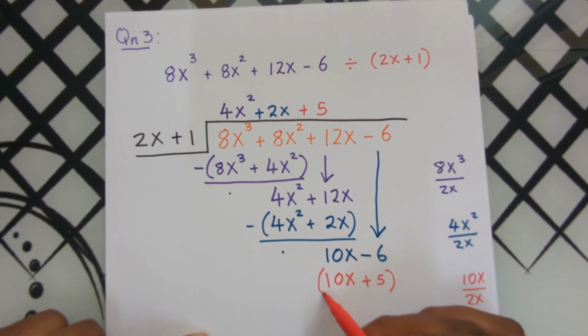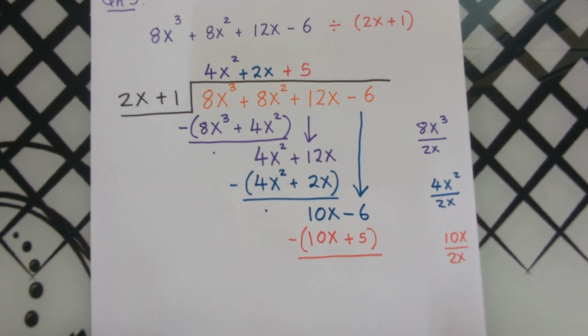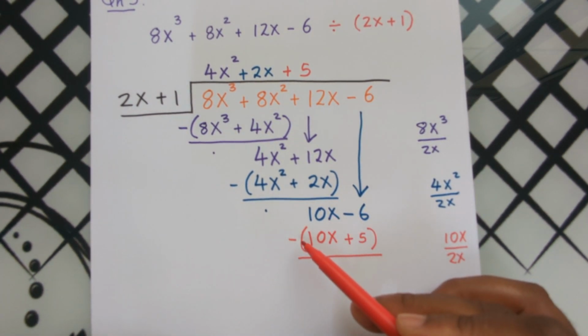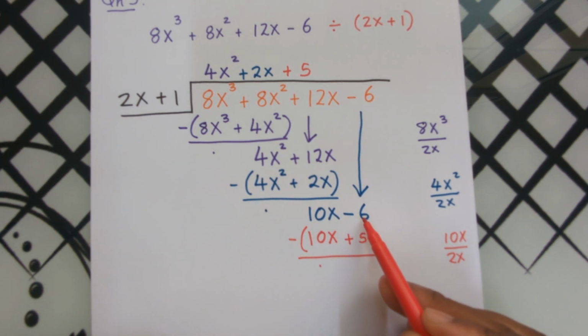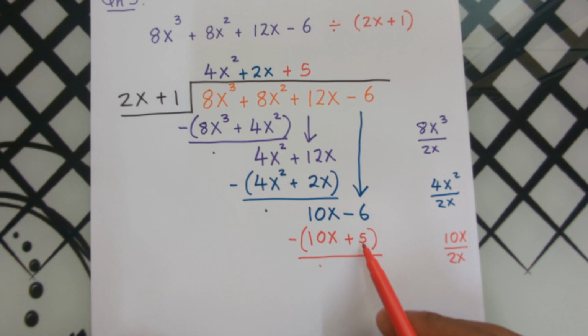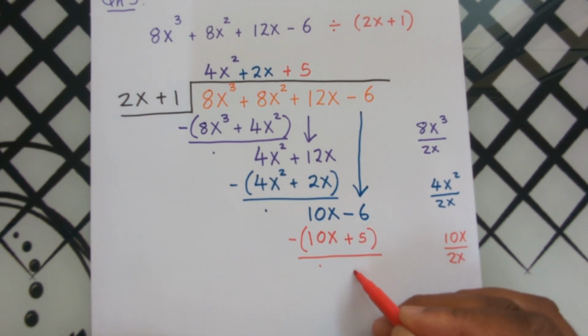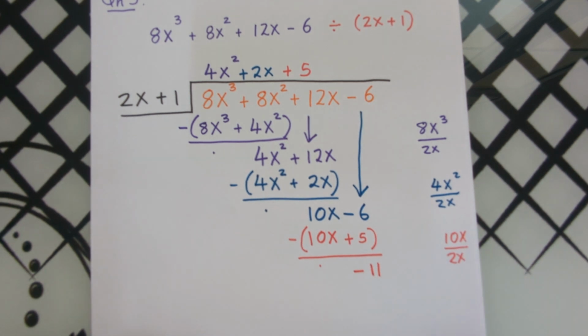And we put our brackets and subtract. Now, when you subtract 10x minus 10x, you get a 0. Minus 6 minus plus 5 is the same as saying minus 6 minus 5, which will give you negative 11.